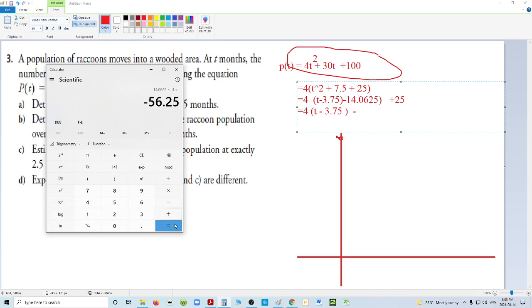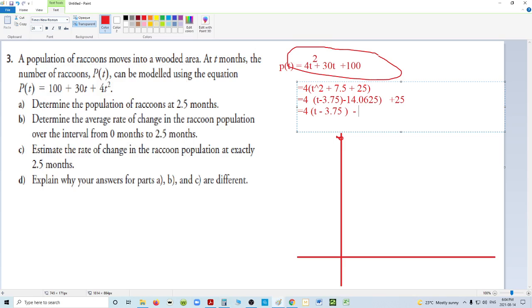Plus 25. Negative 30. So when I complete the square, I discover this, that this is the factored formula.